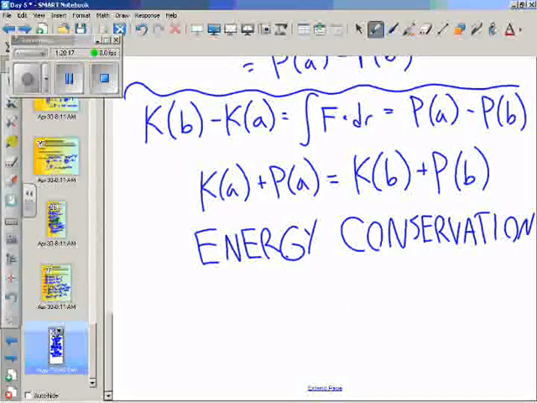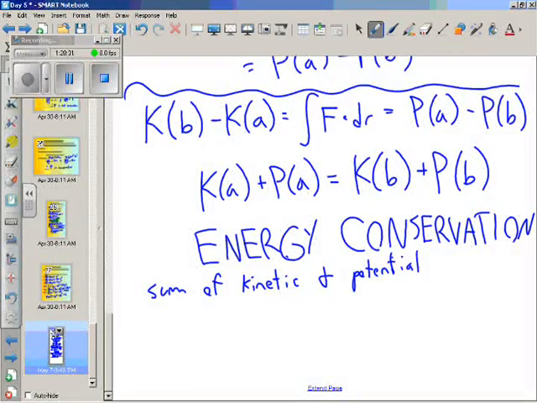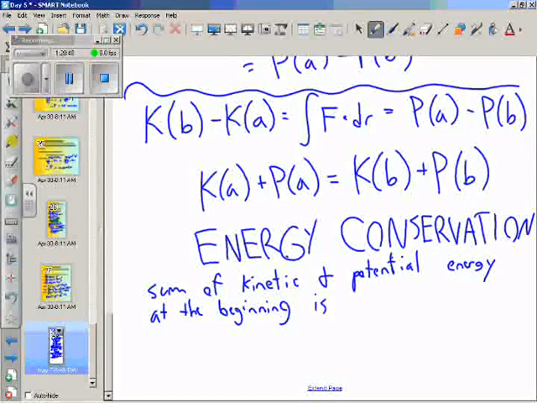So in other words, the sum of the kinetic and potential energy at the beginning is the same at the end.